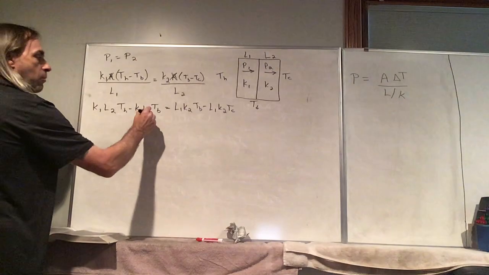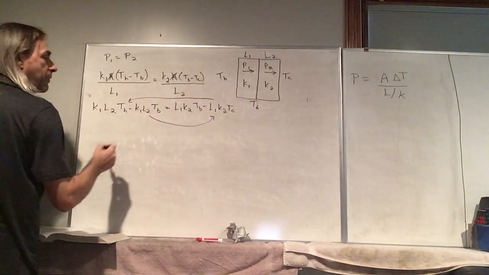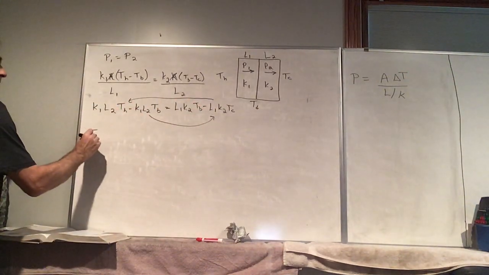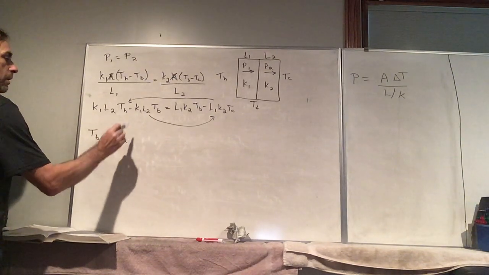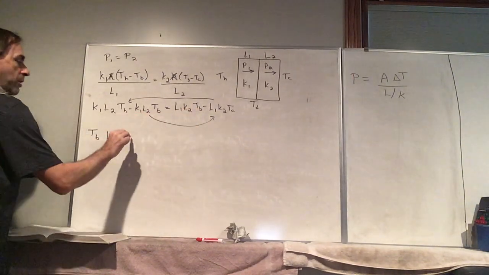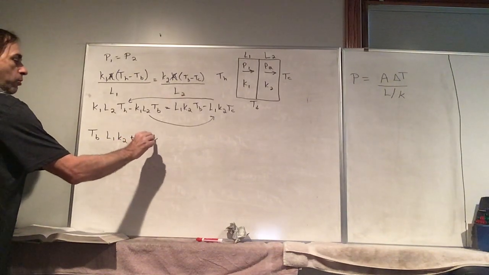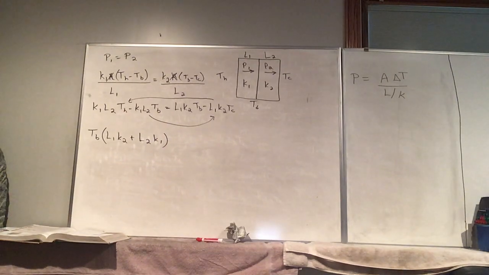Let's move this term over here and this term over here. So I'm going to write the terms with TB on this side. But here we have L1, K2. And then we move this one over, so we'd have plus L2, K1. So those are the two terms.